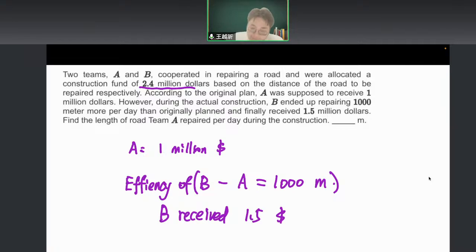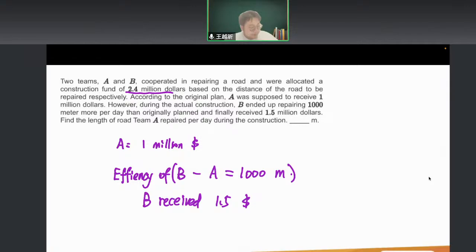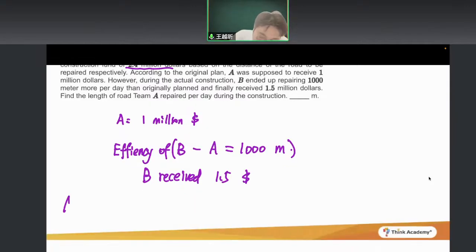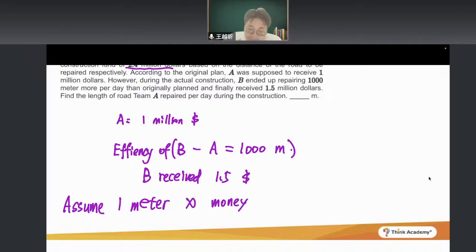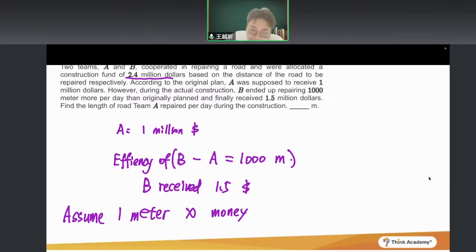So we know this one. We can assume 1 meter costs X money. So according to the plan, for example, A plans to have 1 million, and 1 meter costs X million. So how many meters? Can anyone tell me?